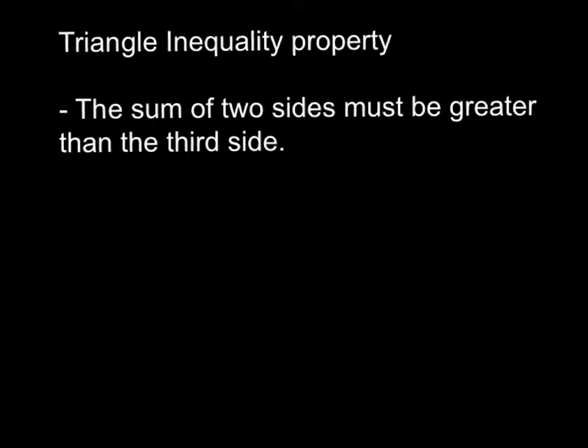The last property we're going to look at is something called the triangle inequality property, which we also looked at some in class today. Basically, what this property states is the sum of two sides must be greater than the third side. Otherwise, a triangle can't be formed. What we looked at in class is if you're dealing with a little piece here, and a little side here, if I give you something with the length of this, there's no way that's going to connect.